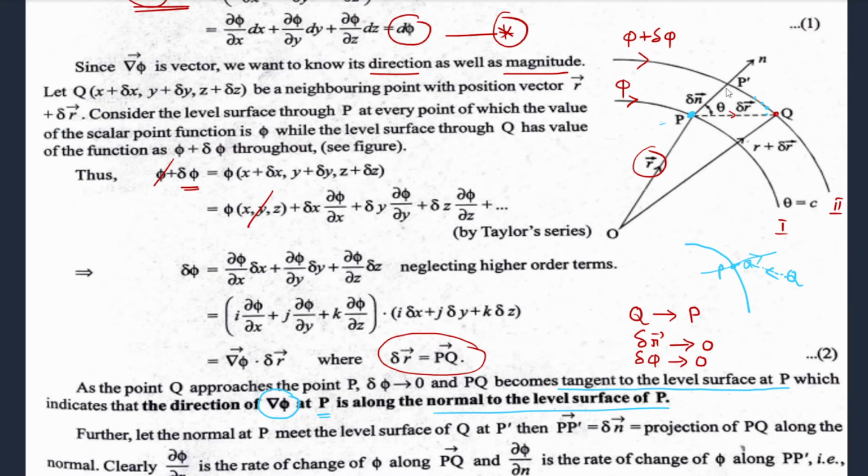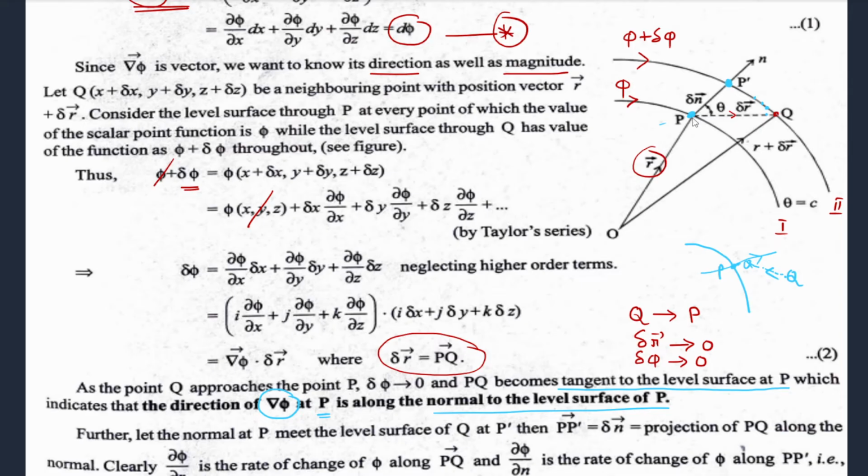Suppose Q comes to the point P dash. Then this will be perpendicular. So let this normal meet the level surface 2 at the point P dash.